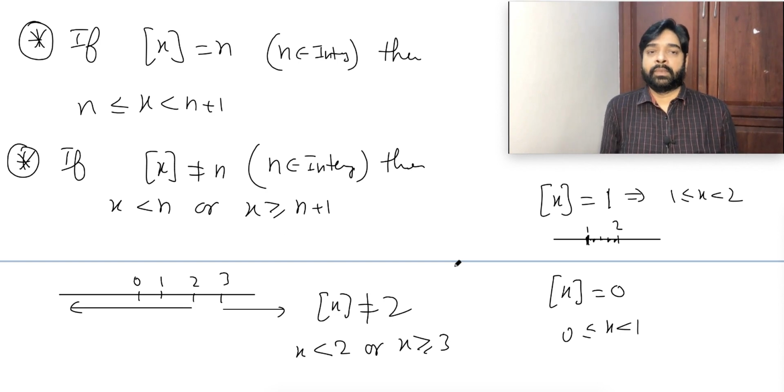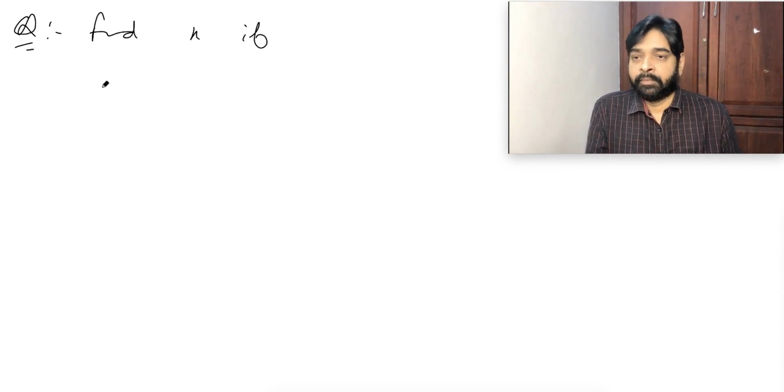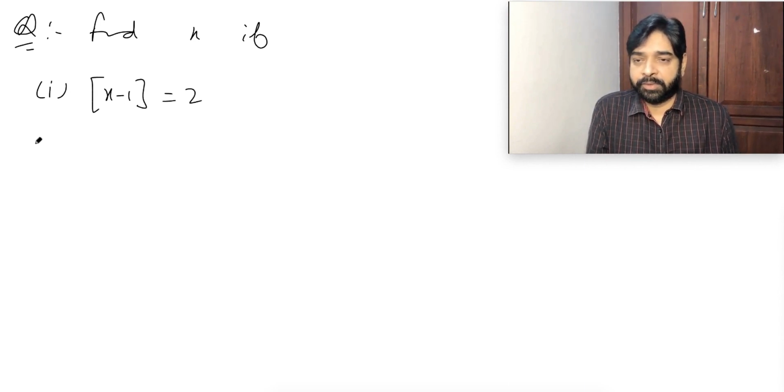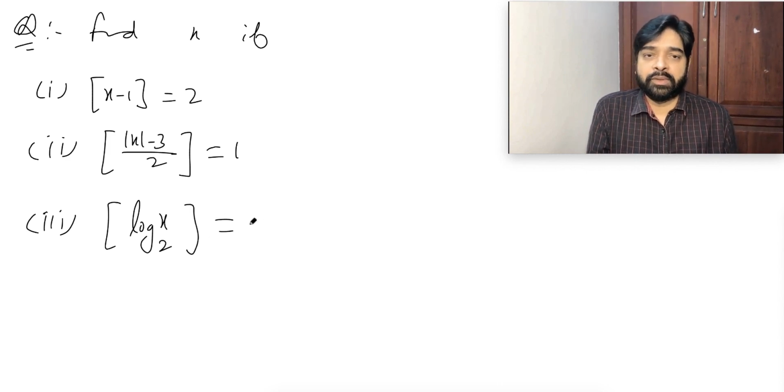Done. Let's do a few questions on this. Write the question. Find x if: first part, greatest integer of x minus 1 is equal to 2. Second part, greatest integer of mod x minus 3 by 2 is equal to 1. Third part, greatest integer of log x base 2 is equal to minus 1.